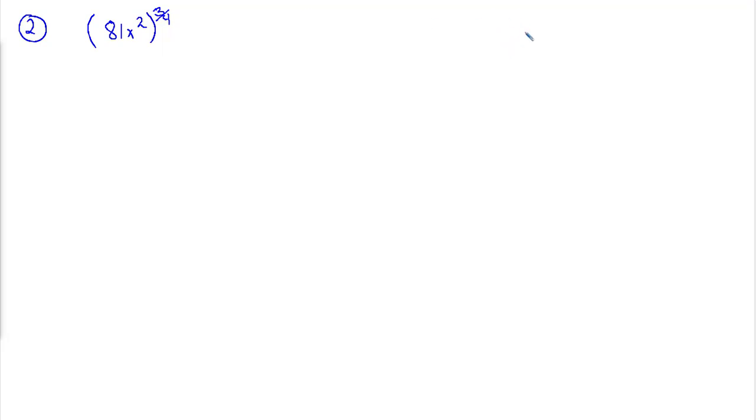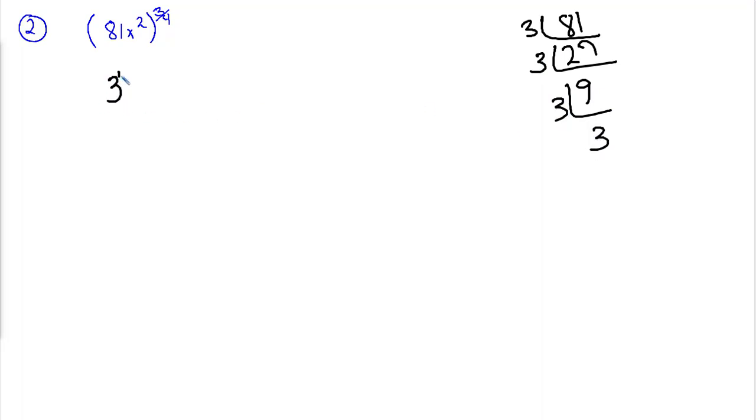And so 81 is made up of 3 times 27, which is 3 times 9, which is 3 times 3. So another way of me writing this is 3 to the 4th power, x squared, raised to the 3/4 power.